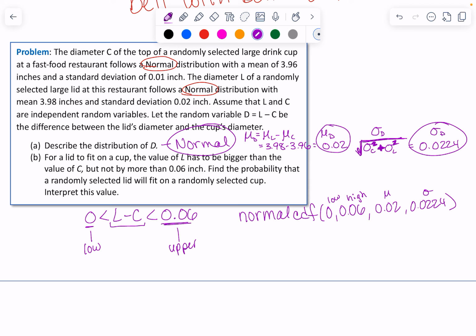You just plug it into your calculator and you would get 0.7770. That's it. So there's a 77% chance that a random lid fits on a random cup.